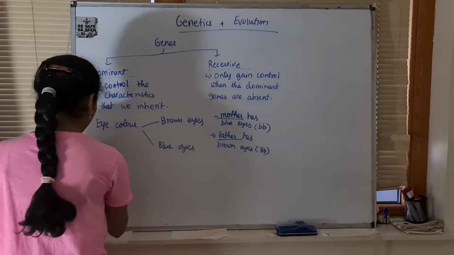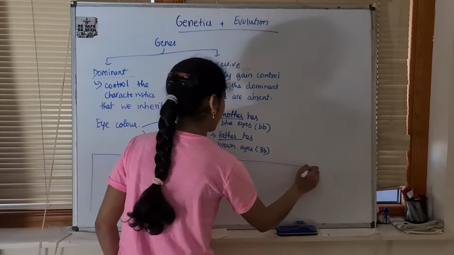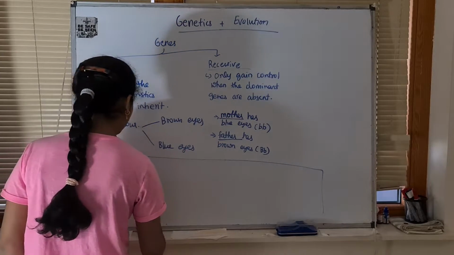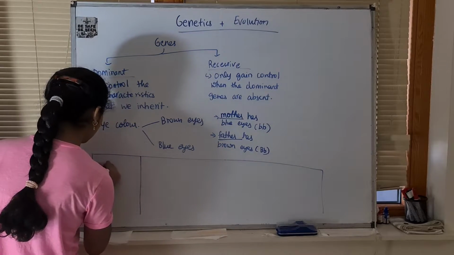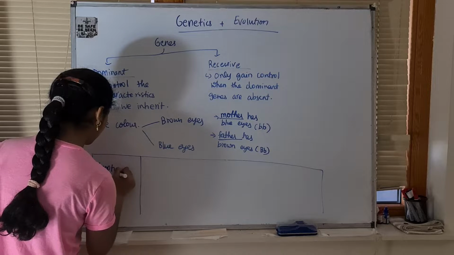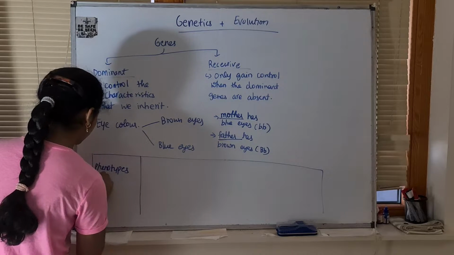Now, what we do is we make a table that shows the phenotypes and the genotypes of the offspring.